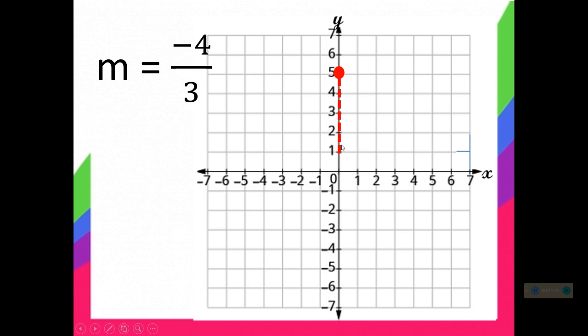Then 3 to the right because it is positive: 1, 2, 3. So until here we have the second point. Then you connect the 2 points and you have the graph of y equals negative 4 over 3 x plus 5.